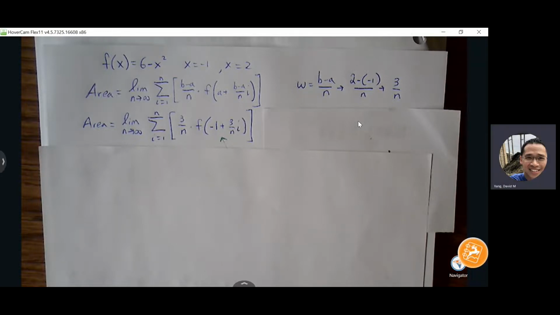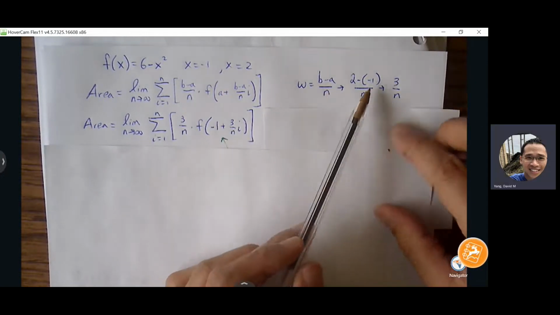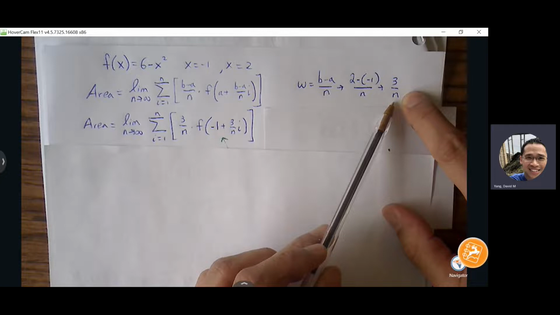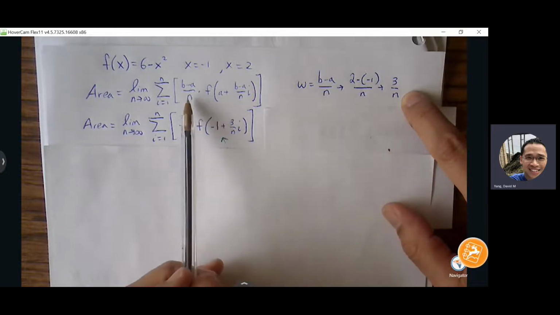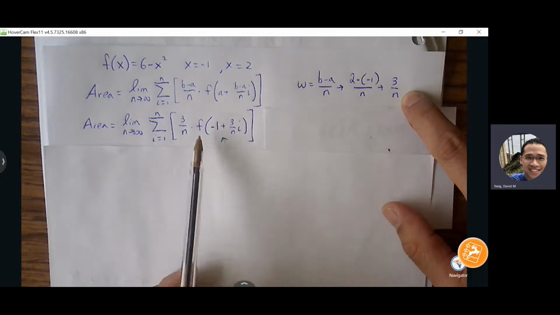Okay, so your a is -1, your b is 2. Basically, I'm going through and finding that width formula, which is 3/n, and I'm inserting them in their appropriate places.